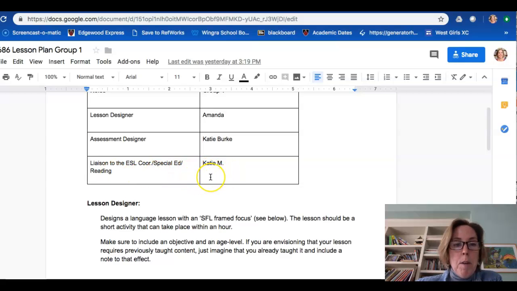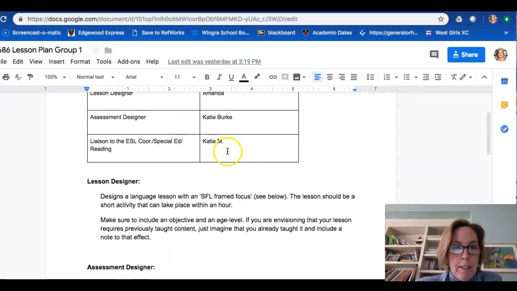Katie M is going to communicate about the lesson, depending on your role in your building, as if you're talking to the ESL coordinator, a special ed director, or a reading specialist. You're going to use the terminology you've been reading and learning to articulate why the lesson is important, what it's focusing on, and how it relates to SFL. That's that role.